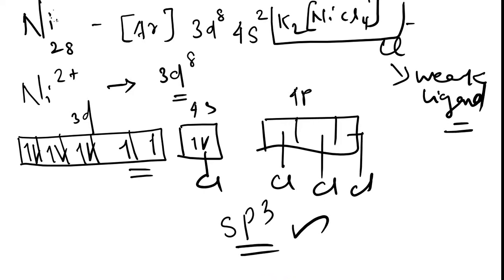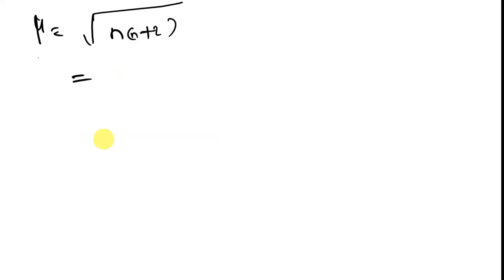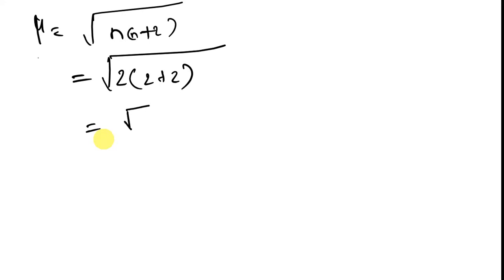So let us go for the magnetic moment. The magnetic moment mu is equal to root of n into n plus 2. Here 2 electrons are unpaired, so root of 2 into 2 plus 2, that is equal to root of 8.